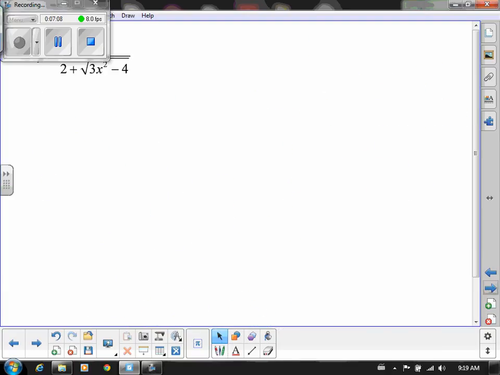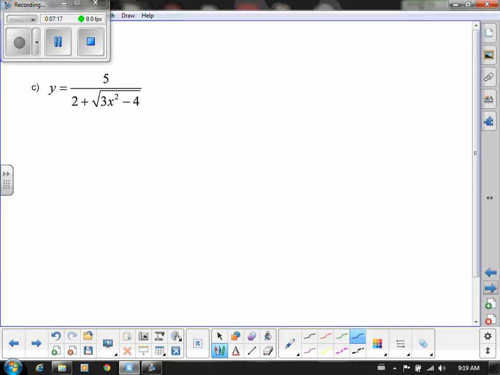All right, now this one here, when I look at it, let's use the quotient rule. Now, before I do that, I'm going to have y equals 5 over 2 plus bracket 3x squared minus 4. So that's my denominator.